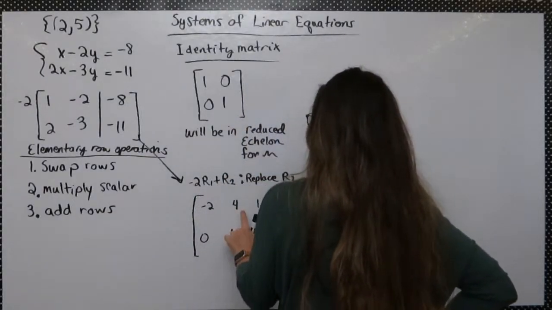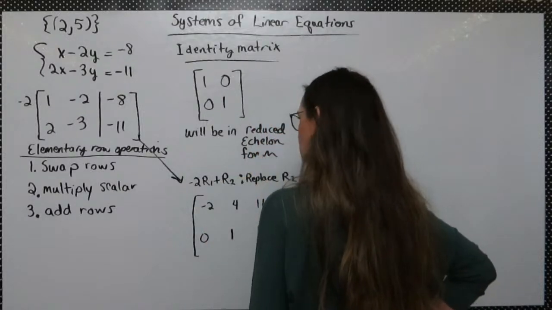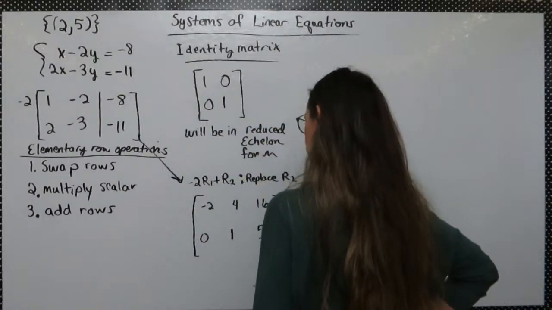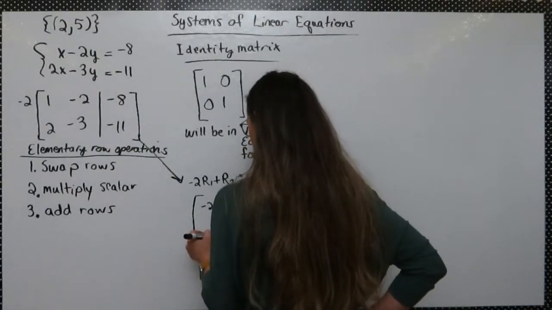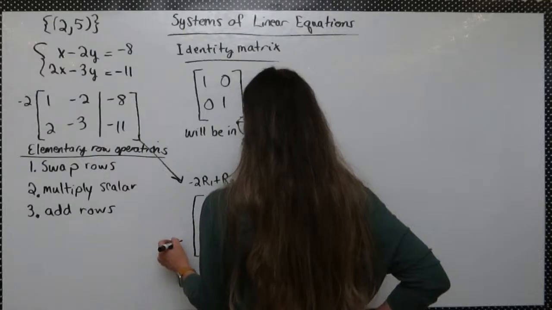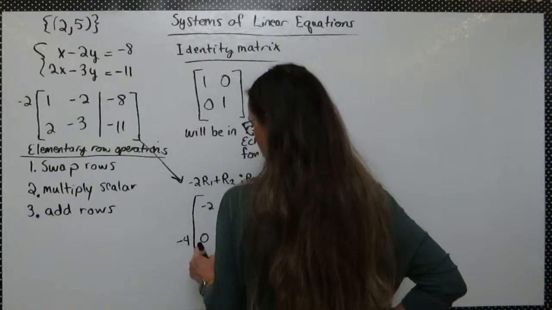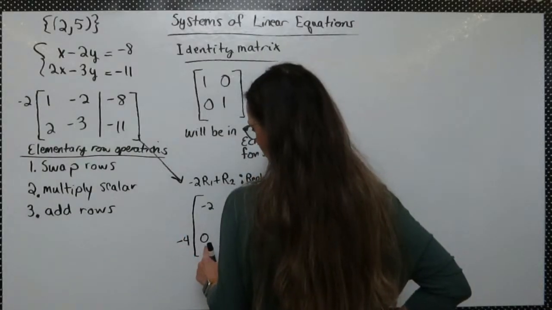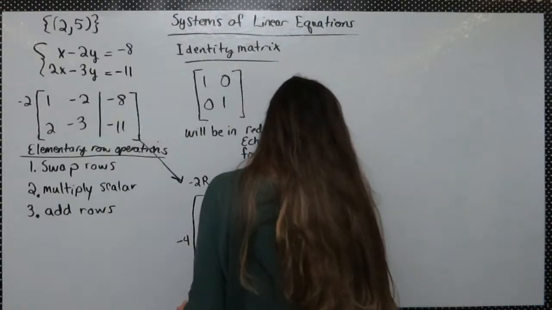What I need is this number right here to be 0 now. So what we're going to do is multiply row 2 by a -4 and add to row 1, because when I multiply 0, it's not going to change the value of 0, so it's not going to affect that too much.